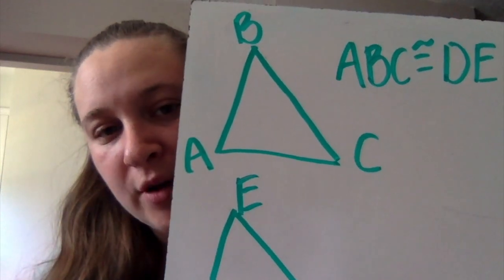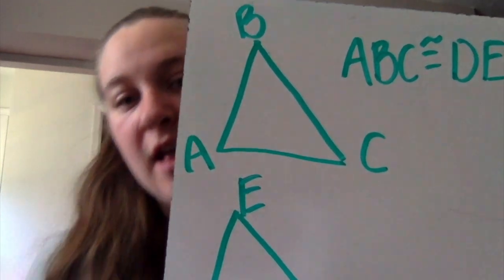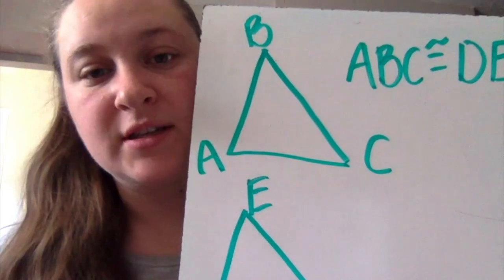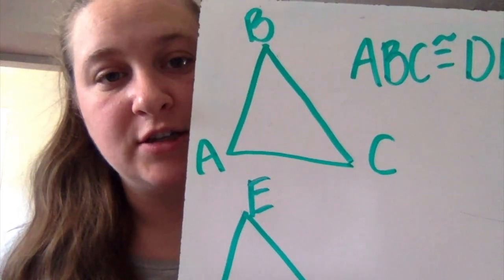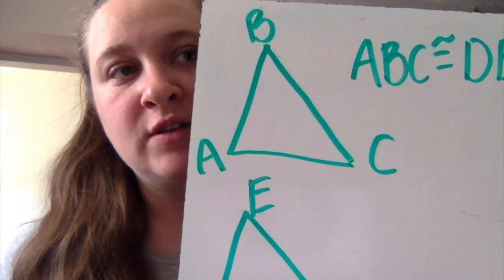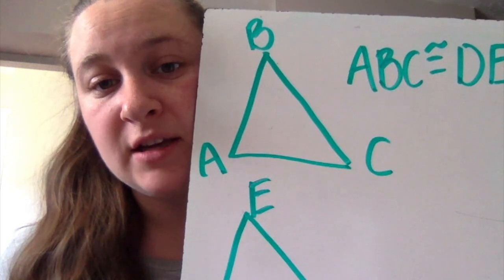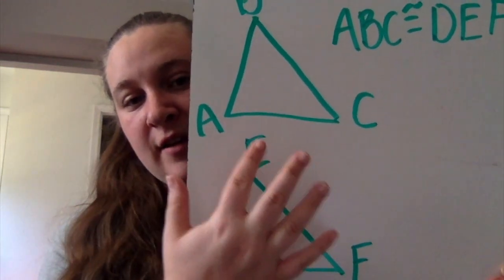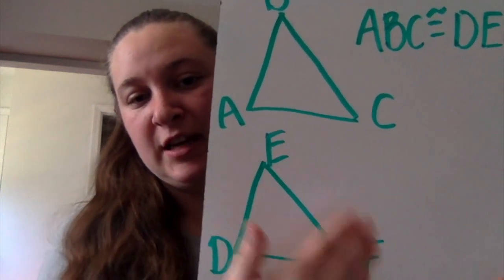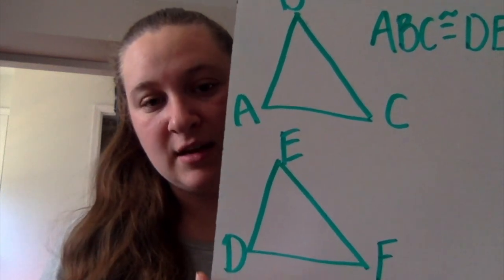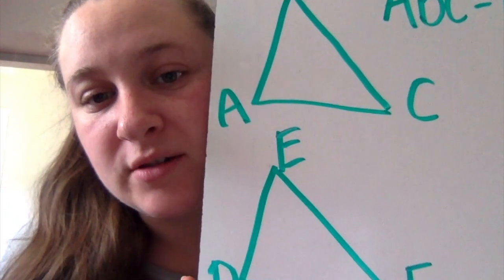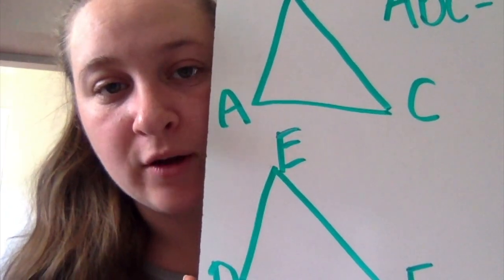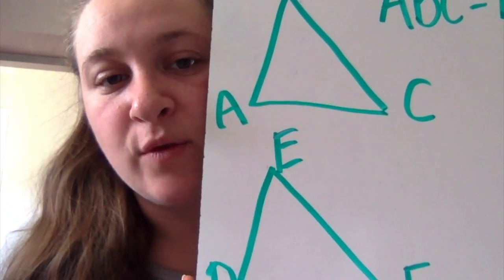Now, there are some important things about congruency that we haven't been able to discuss, and these are the details that you need to know for this. So, first of all, when a question asks you if something is congruent, like it's asking if ABC is congruent to DEF, and you have to say yes, you have to make sure you say things in the same alphabetical order as what it was before.